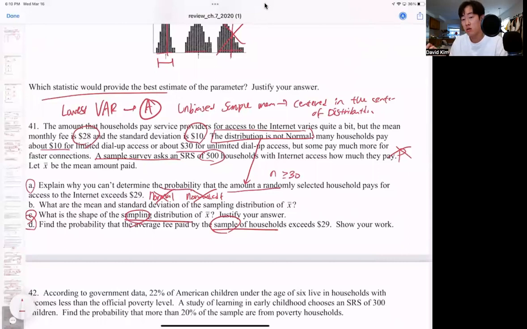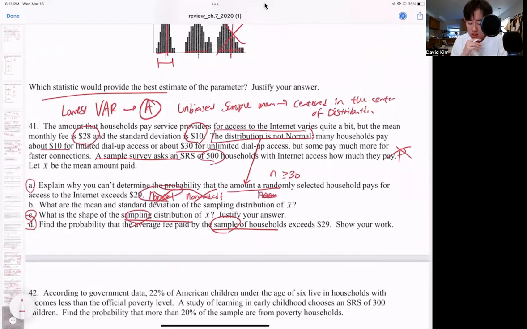Therefore, you cannot determine the percentage of households that pay over $29 for internet. That is basically what it says for 41: you cannot calculate it because the shape is not normal. I already wrote that down for you guys there.